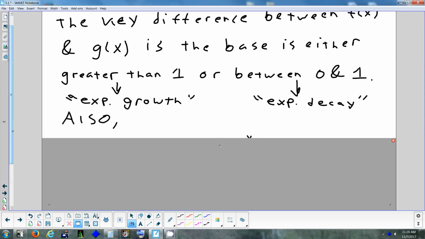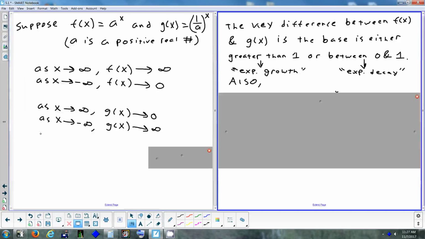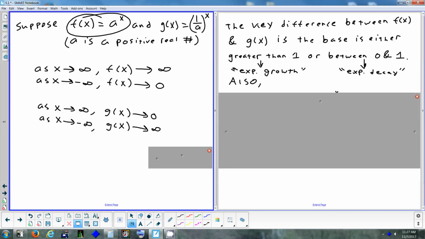So I told you I'd prove to you that those graphs are mirror images of each other. And the way I can do that is if you take a graph and change all your x's to negative x's, and simplify it.